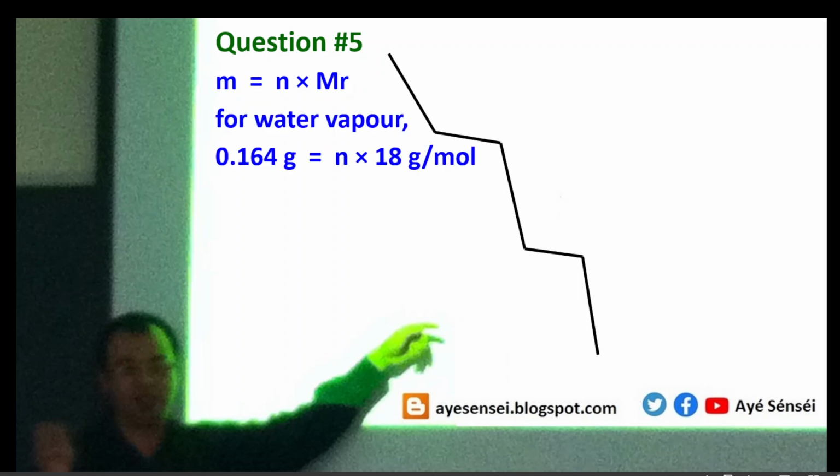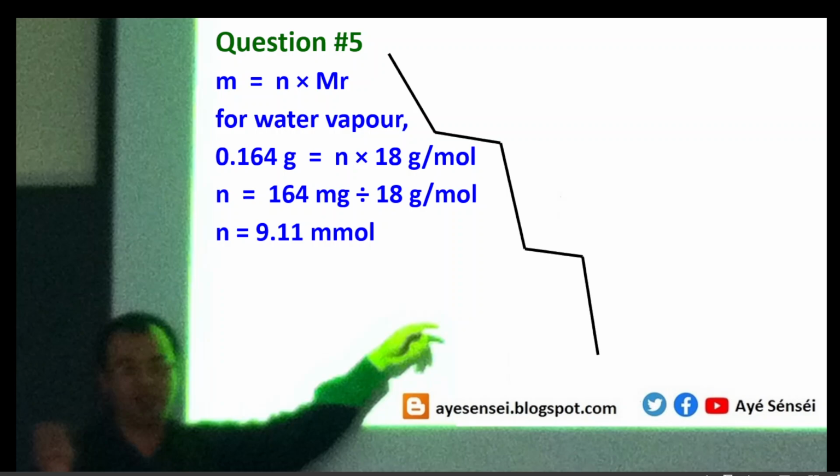However, the more valuable information is to find the moles. Again, we can use this correlation, and the Mr value of water is 18. So we can get the mole of water vapor. I convert the mass from grams to milligrams to make the calculation simpler. So the mole of water vapor is 9.11 millimoles.